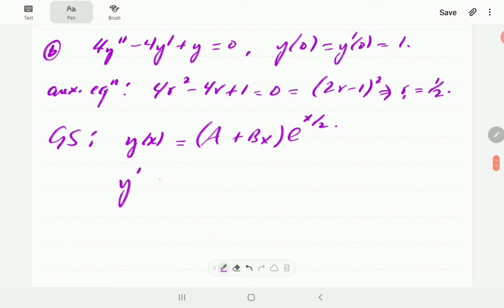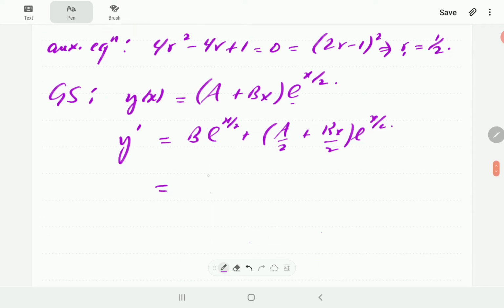The derivative of this, using the product rule: if we differentiate the term in the brackets, we're going to get b, and then if we keep the term in the brackets fixed and differentiate the exponential, we're going to multiply everything by 1/2.